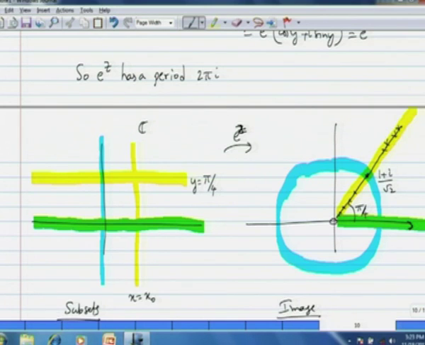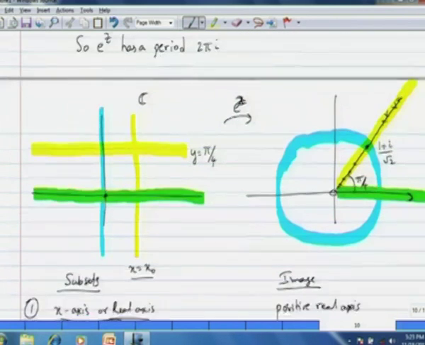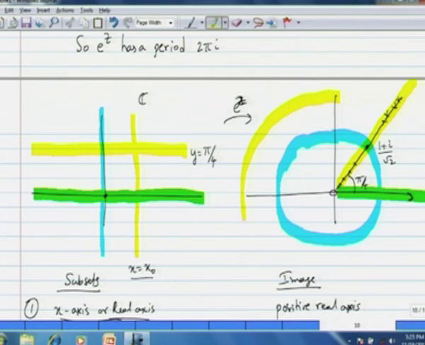Since x naught is positive in this case, it is beyond this point 0, so e power x naught will be greater than 1. So, the image of this yellow line will be a circle of radius greater than 1, or exactly a circle of radius e power x naught. So, the image of this vertical line is that circle.